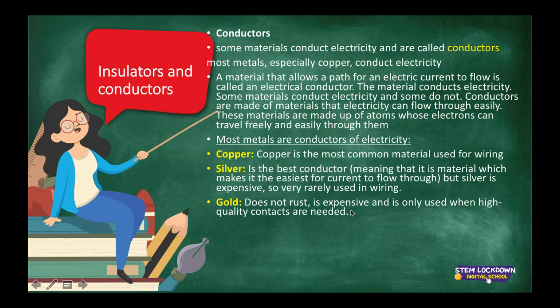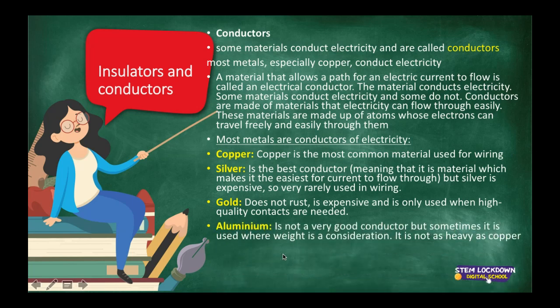Gold does not rust. It is expensive and only used when high quality contacts are needed. So for all those expensive, high contacts, that's when gold could be used, and we know that gold does not rust. Then there's aluminium. It's not a very good conductor, but sometimes it is used where weight is a consideration.